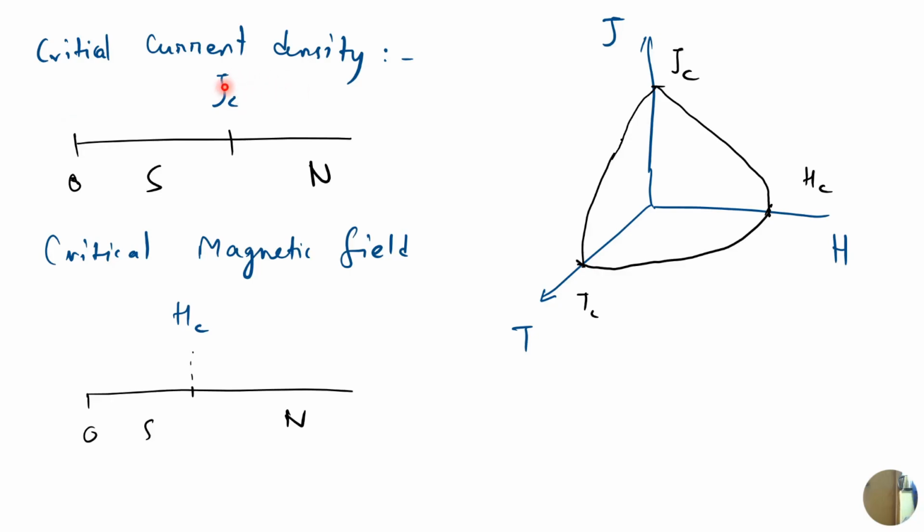Similarly, there is also a critical magnetic field. Below that magnetic field, the superconducting material can tolerate the magnetic field, but as you increase the magnetic field, the superconducting state is destroyed and it will become non-superconducting.